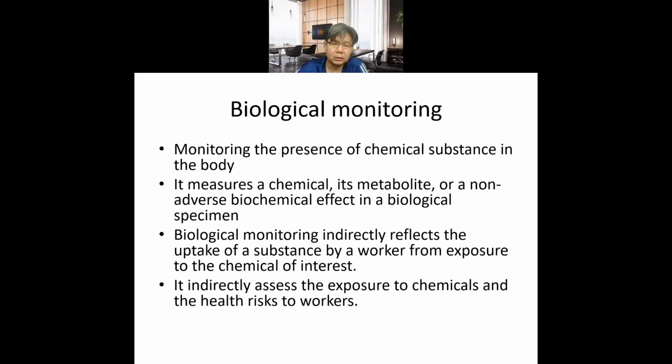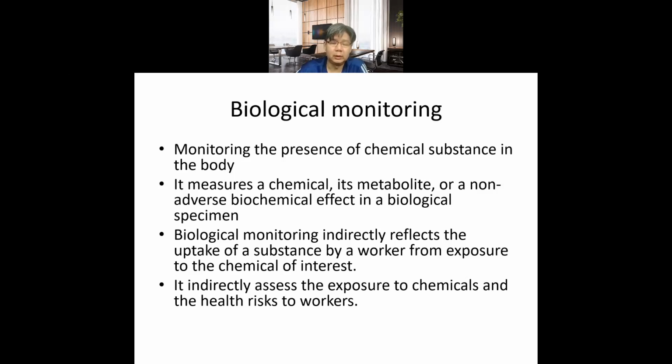Biological monitoring, I think I mentioned to you already. It is basically monitoring the presence of a chemical substance in our body, and it indirectly reflects the uptake of the substance by a worker from the exposure. Say the workers are exposed to mercury fumes in the workplace, and the CHRA says you have to carry out medical surveillance for mercury exposure.